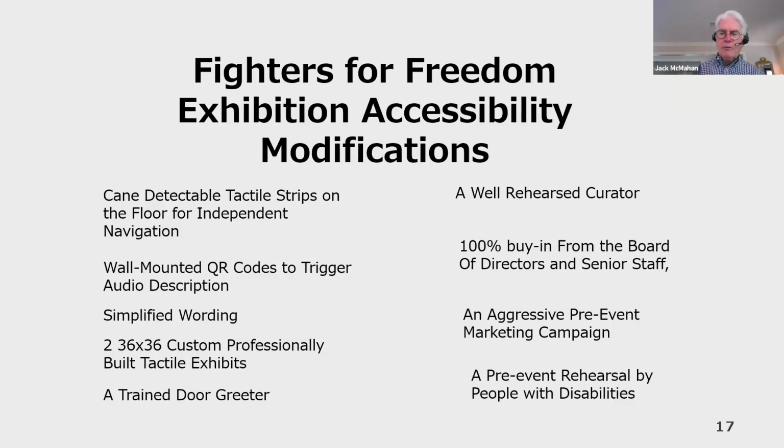And this was really pretty interesting because we had the idea of not only having a detectable strip on the floor to guide a person who's blind or has low vision, but we also created kind of an innovative stop at each station. In front of each piece of work, we had an extra piece of tape that you could detect that you're in a different position.